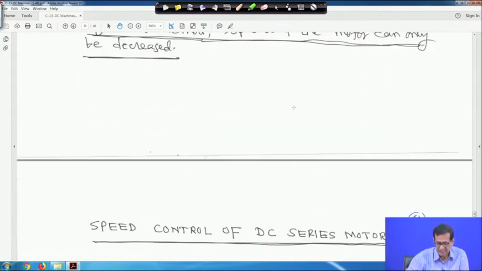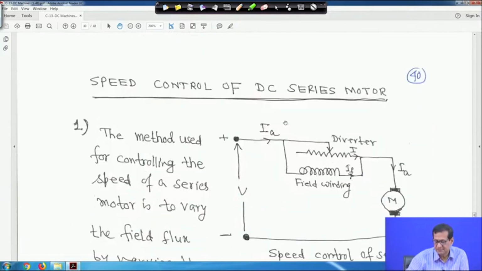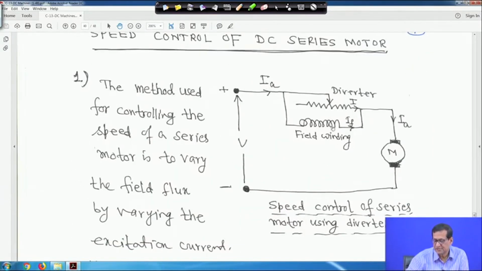Now, next is speed control of a DC series motor. In a DC series motor, the field winding, as we have seen, is in series with the armature, but you connect one variable resistance, which we call a diverter, in parallel to this field winding, like the simple parallel circuit you have studied in DC circuit analysis.